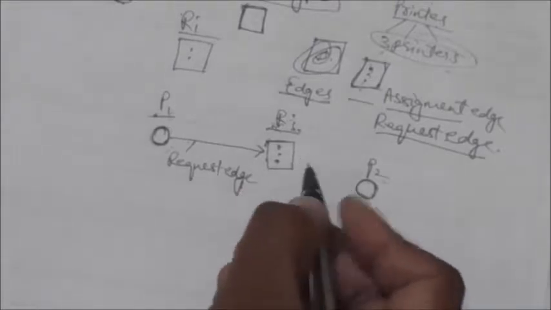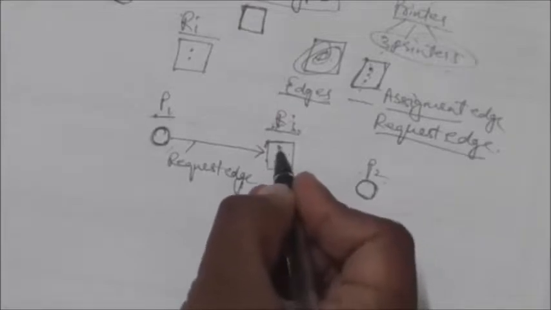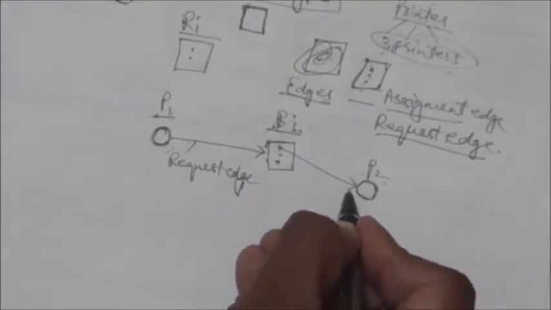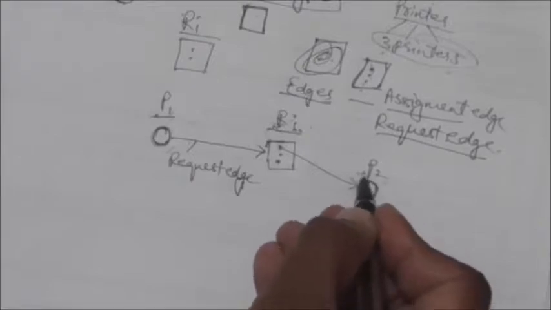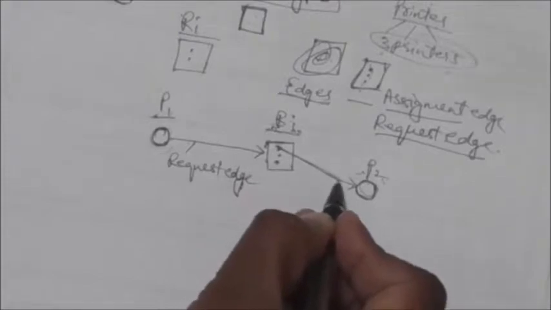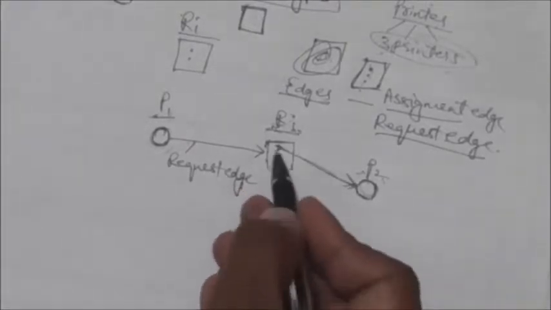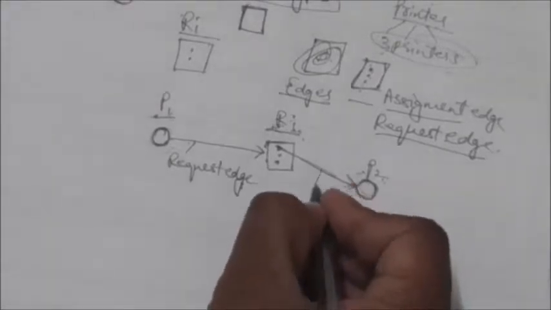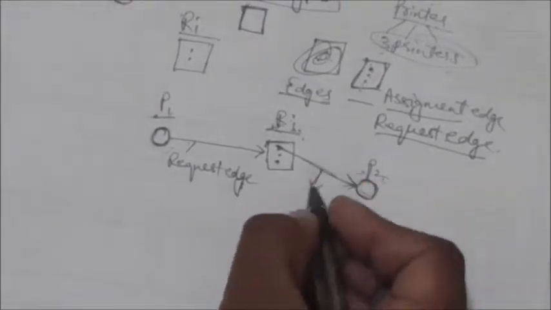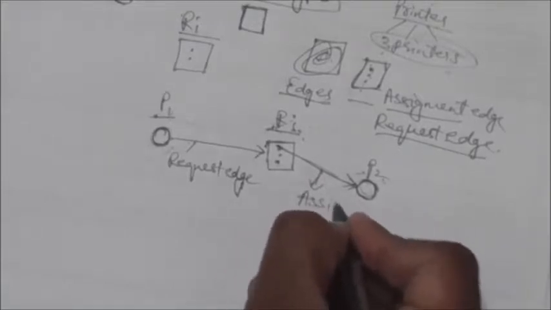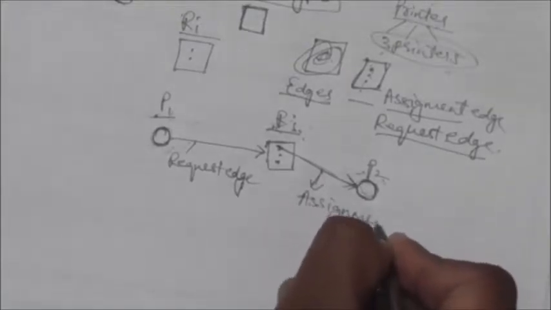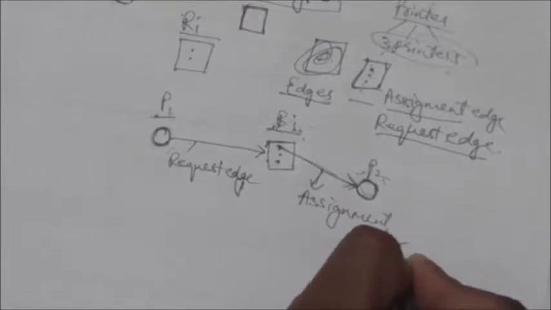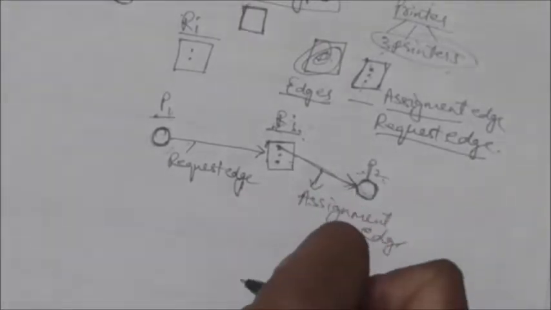For this we will make an edge from one of the dots of this rectangle to this circular vertex which represents the process P2. So this edge represents that one of the instances of resource type Ri has been assigned to process P2. Such types of edges are called assignment edges. This edge is an assignment edge.